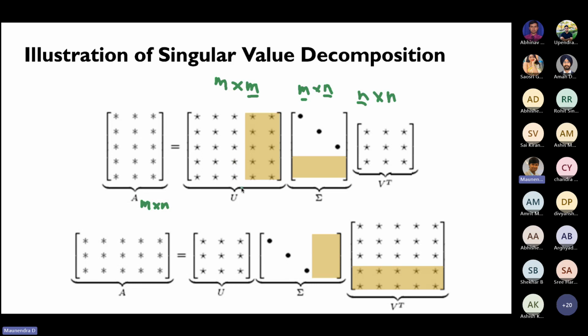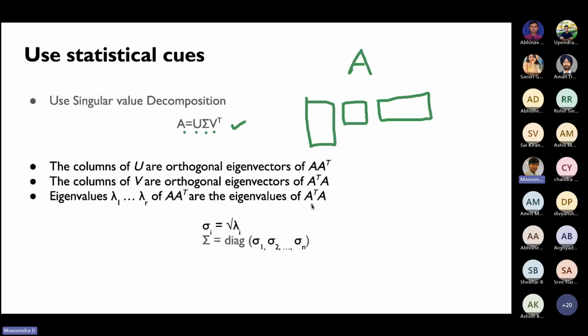Now what will be the entries in U? We are only given A, and we are saying that A will have a decomposition like this. Then from A, how do we get the representations of U, sigma, and V transpose? So the columns of U are orthogonal eigenvectors of A A transpose.